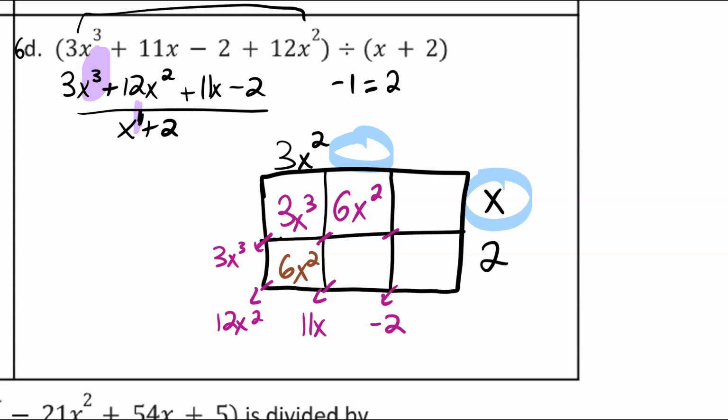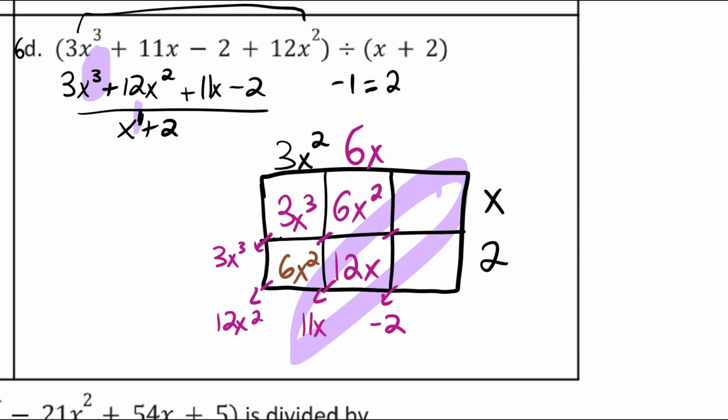What would I multiply x by to get 6x squared? Well, I know I would need a 6x, because 6 times the coefficient of 1 there would be 6, and x times x is x squared. Now that I know what's on top there, I can multiply the 6x by the 2 to get what goes in that box right down there. So 6x times 2 is 12x.